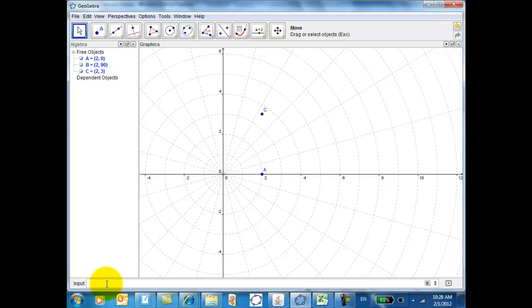I still haven't found a way to get out of its rectangular mode of thinking. I've even tried, maybe if we said 2 and look for an angle. Okay, fine. We'll say 2, comma, 90 degrees.